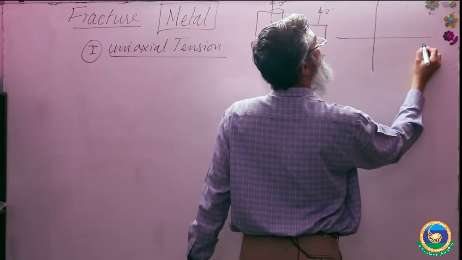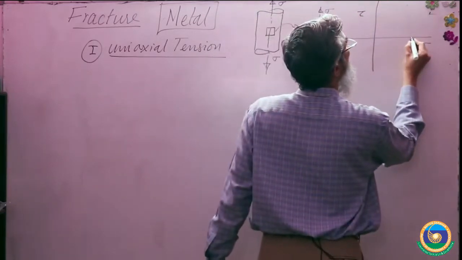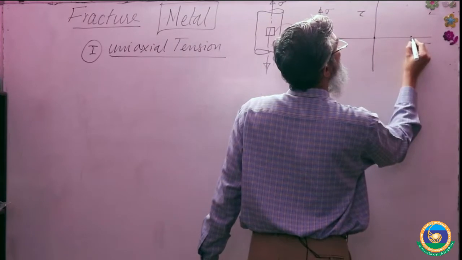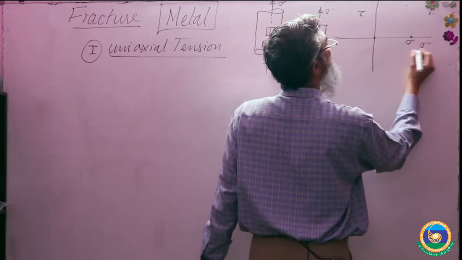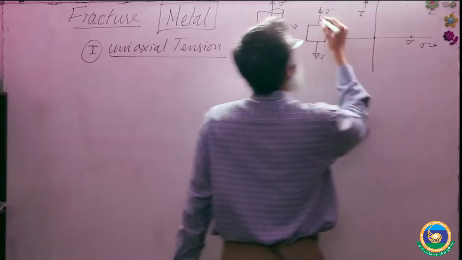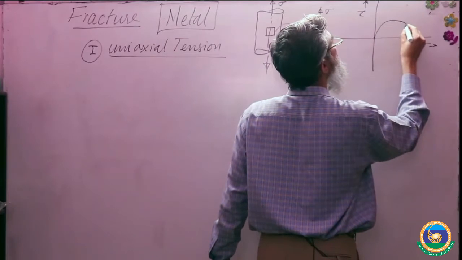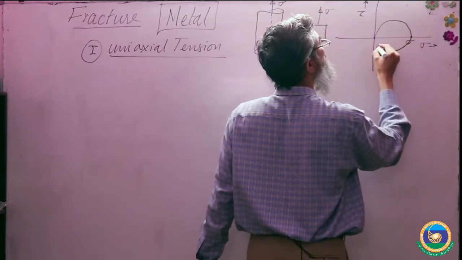This is sigma and this is tau. So sigma x is 0, sigma y is sigma, right? And there is no shear stress here. So the Mohr circle becomes this.